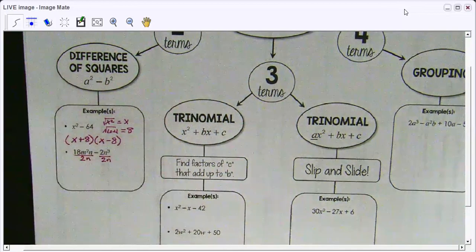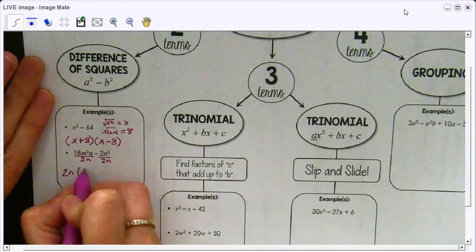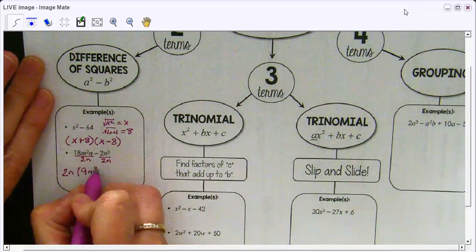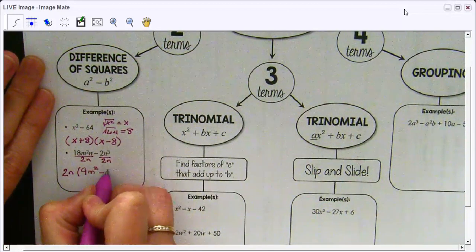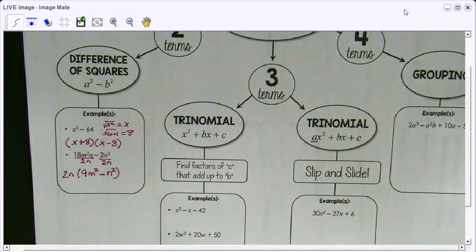Now, one thing that many of you are forgetting is that whatever that GCF is, it has to go on the outside of the parentheses. Do not forget that, otherwise it is partially wrong. So I now have 2n times 9m squared minus n squared. Okay. So now that we factored out the GCF, can we continue factoring? Yes, you can, because it is two squares.